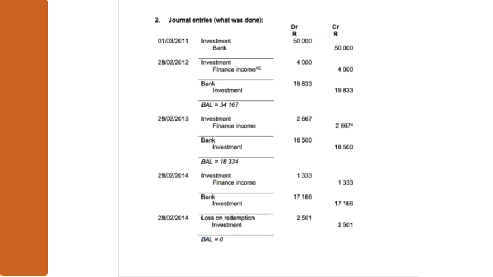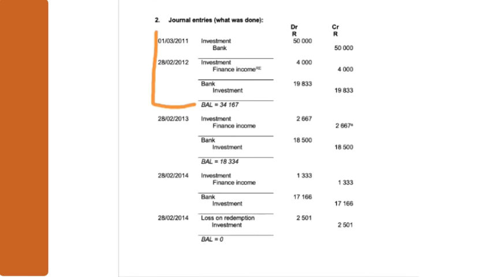We now need to have a look at what is the difference between what was done and what should have been done, because those differences tell us what we need to correct and also how the financial statements will be changed. So if we have a look at the first reporting period, the period that ends 28 February 2012, what was done? What items were affected?